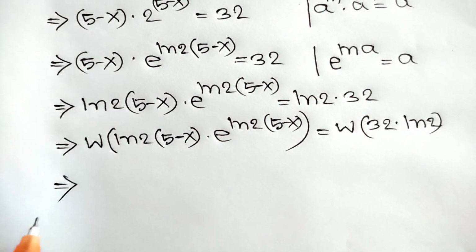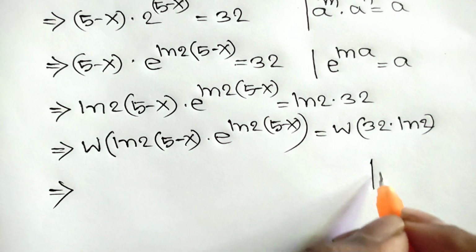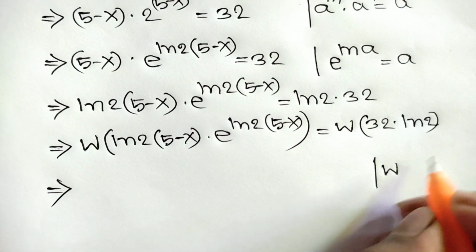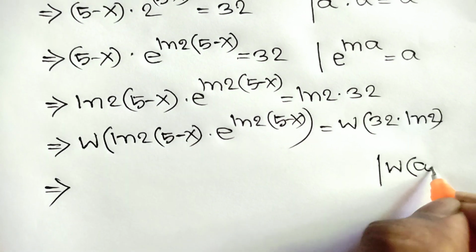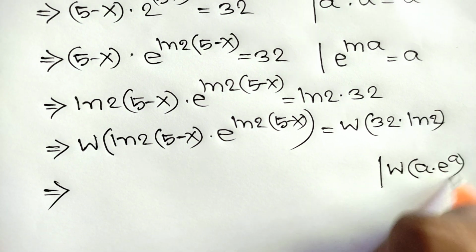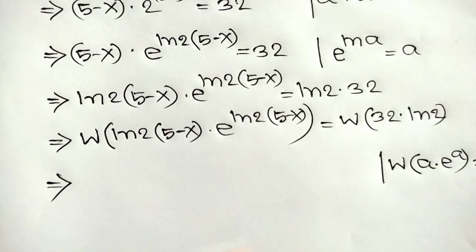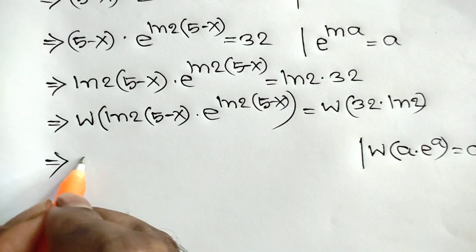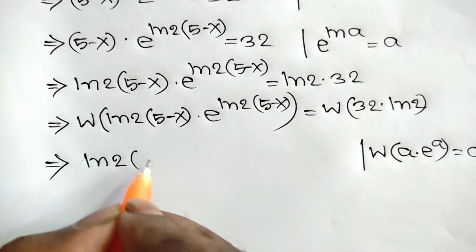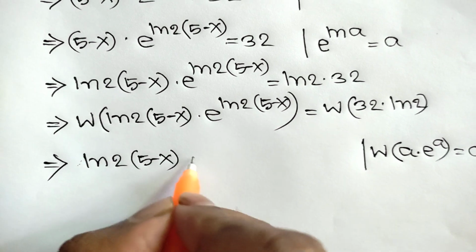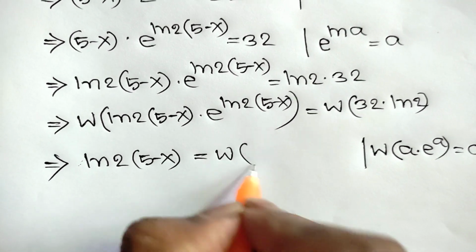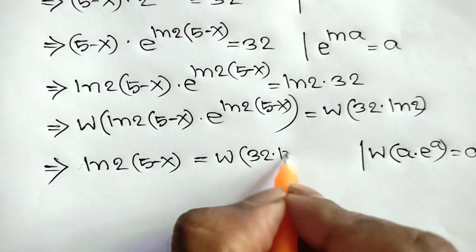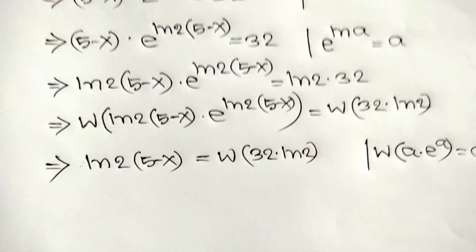Now we know W of a times e to the power a is equal to a, so we can write ln of 2 times 5 minus x is equal to W of 32 times ln of 2.